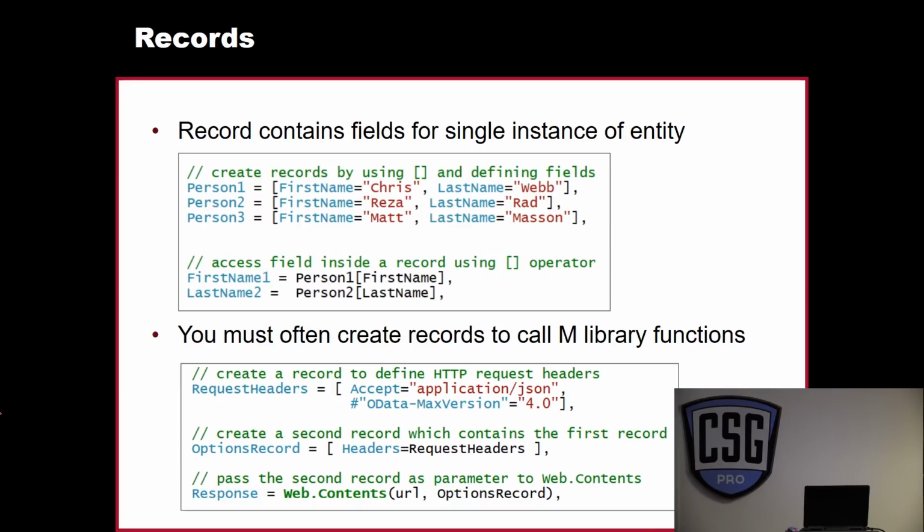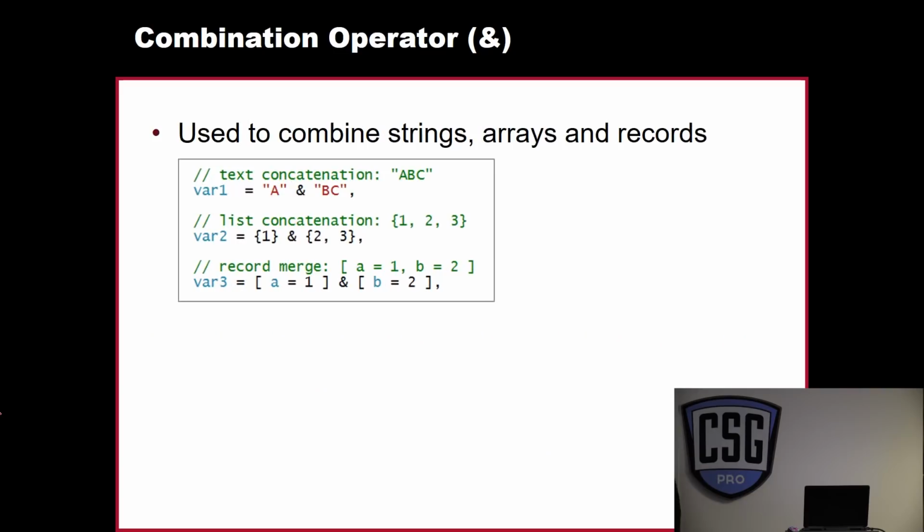There's also one which is OData-Max-Version, and because this has the hyphen inside, I've got to put it inside of the pound sign and quotes. But that's a practical example: I want to call Web.Contents, I want to have more options, so I have to be able to create records to pass those parameters.